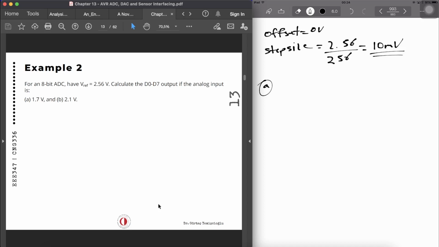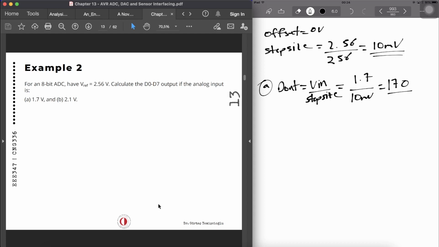So in part A, what we are looking at is D out, which is going to be V in over step size. V in is 1.7, as given in the question, divided by 10 millivolts, which is equivalent to 170.